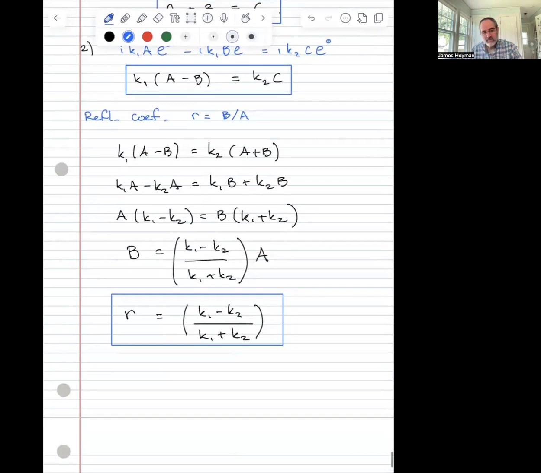All right, so we can use what we found to find the reflection coefficient for amplitude. And then from that, we can find the reflection probability. So the probability of reflection is given by the absolute value of r squared. And so that's equal to the absolute value squared of (k1 minus k2) over (k1 plus k2).